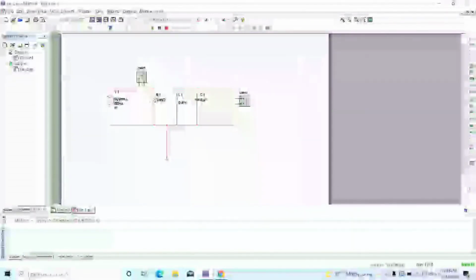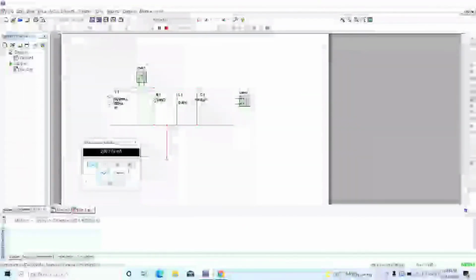When we run the simulation, we can see that the ammeter reading is 299.379 milliampere, when the value of resistor is 390 ohm, the inductor value is 0.4, and the capacitor is 8 microfarads.